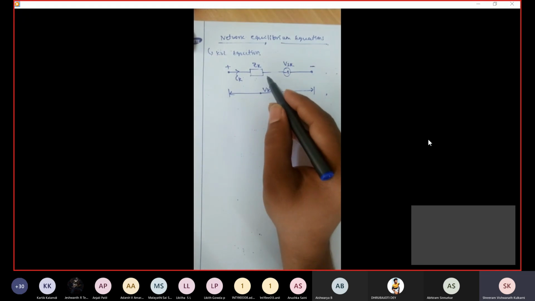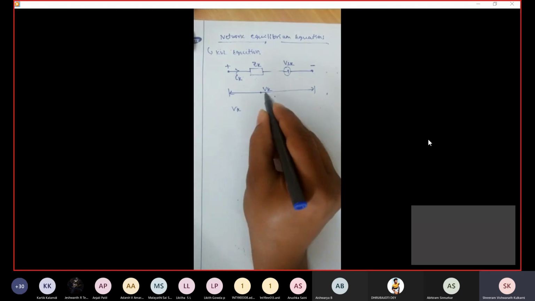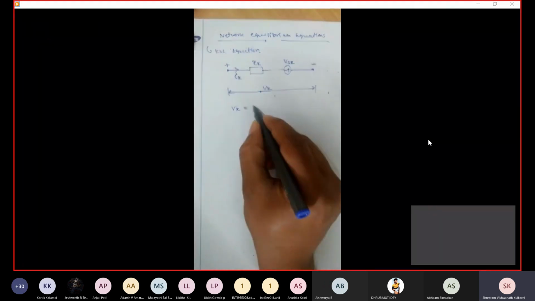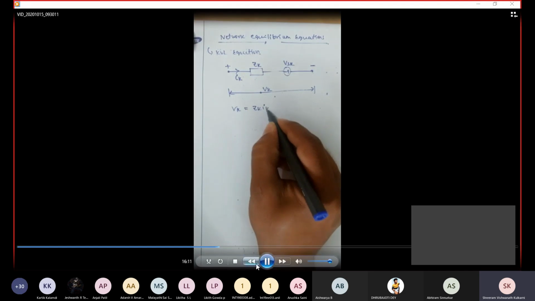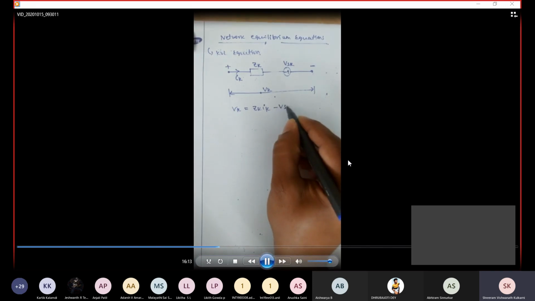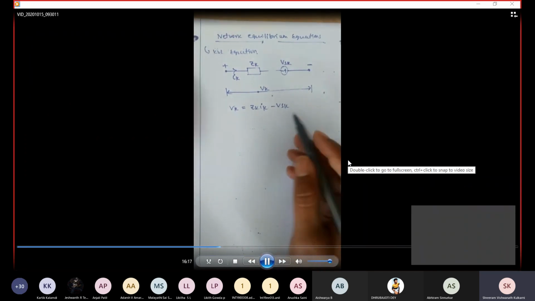Fine. Now we can write Vk equals to Zk Ik. I am just applying my KVL for this circuit. Vk, Zk Ik minus Vsk. Don't get confused with this.